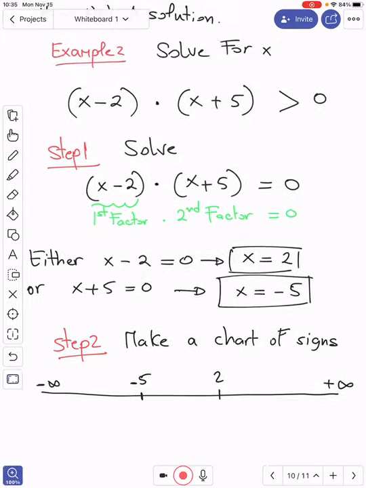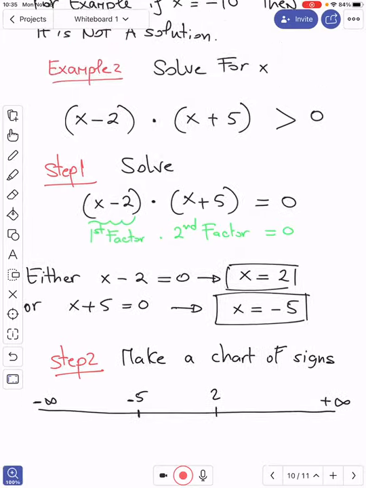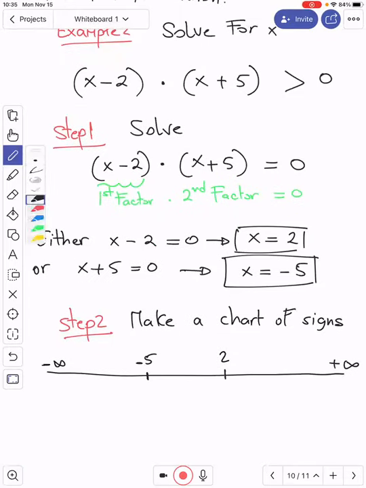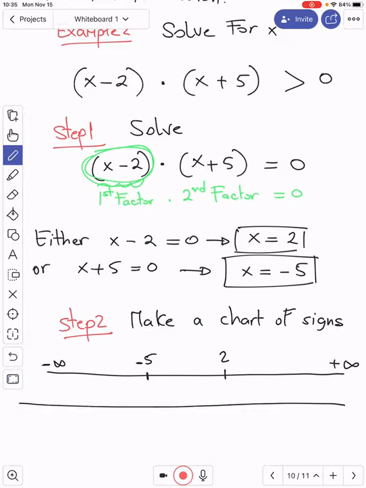So what I'm going to do, I'm going to take the first factor, the x minus 2. So here's my first factor, here's x minus 2. And in the first row, I'm going to put my x minus 2. So here's my x minus 2, let's say. Okay.